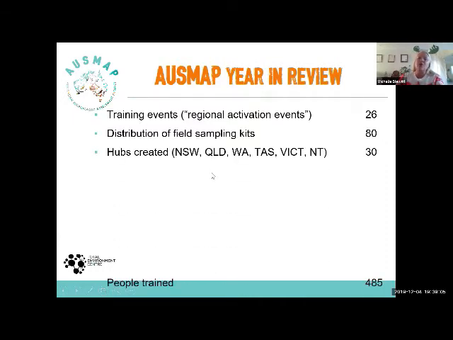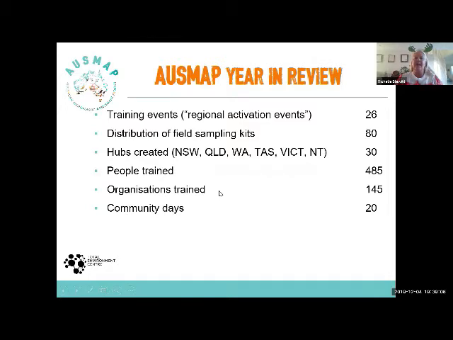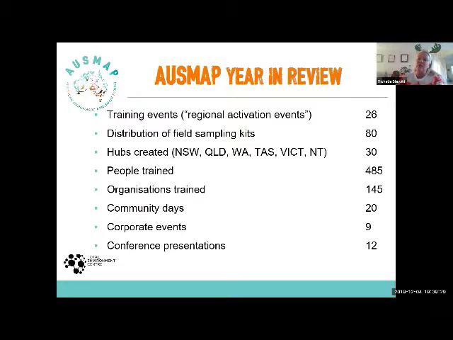Of those 12 events that we had planned in our milestones, we've actually completed 26 around the country. We just distributed 80 kits around the country. We've created 30 hubs in every coastal state and territory. We've trained over 480 people, which is really amazing, with about 145 odd organisations involved.